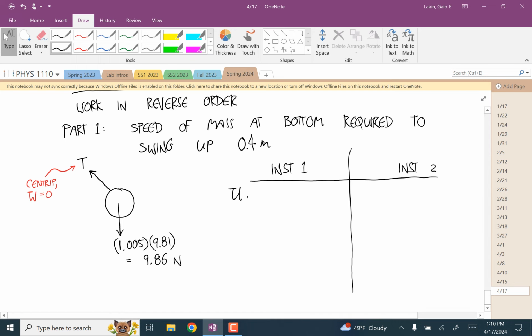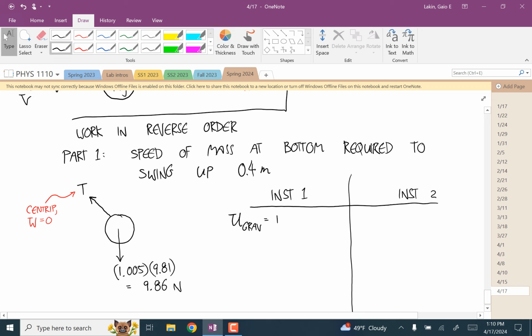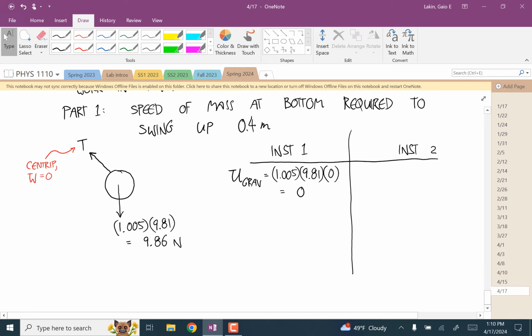The gravitational potential energy is the mass, 1.005, times 9.81, times 0. The kinetic energy at the bottom is 1/2 times 1.005 times the speed squared that we're trying to calculate.